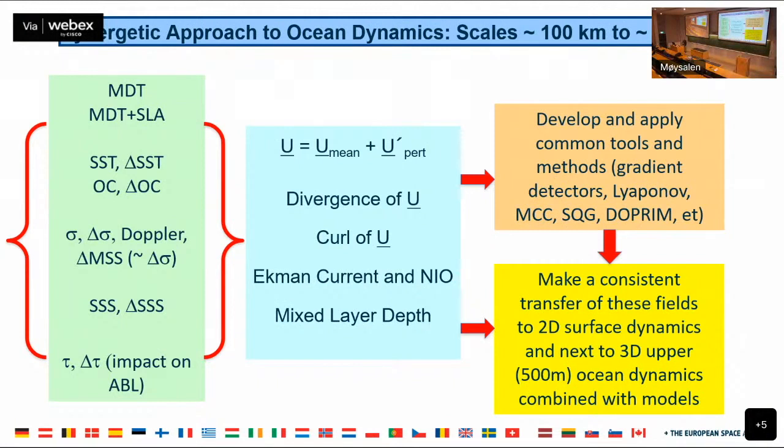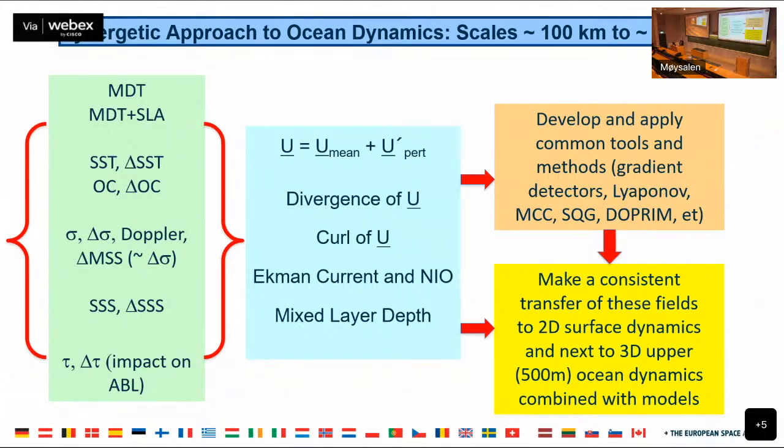Synergetic approach to the upper ocean dynamics: through this concept, we have mean dynamic topography, and mean dynamic topography plus sea level anomaly. For the ocean, that is an essential background constraint on the large-scale, 50 to 100 kilometer scale dynamics.